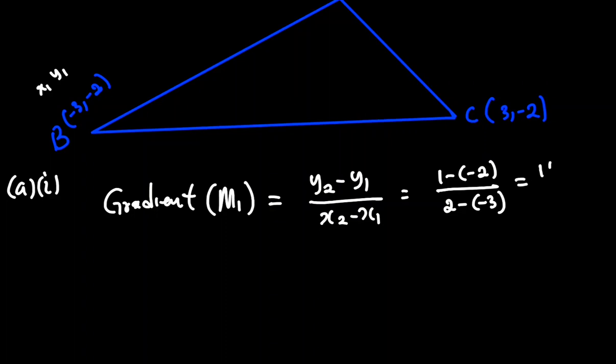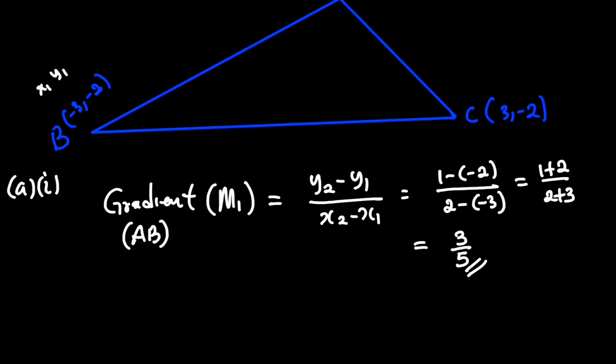At the end of the day, you're going to have 1 plus 2 all over 2 plus 3, which is 3 over 5. So this is the gradient of AB. We just worked out the gradient of AB.